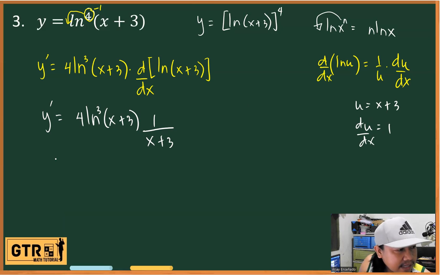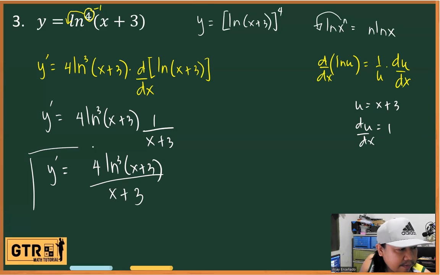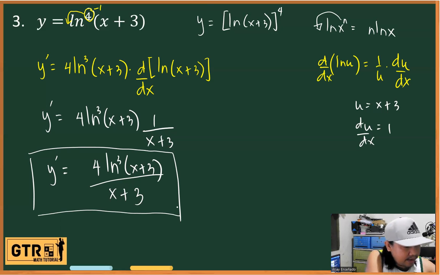So just simplify. Therefore y prime is equal to 4 ln cube of x plus 3 all over x plus 3. This is the final answer.